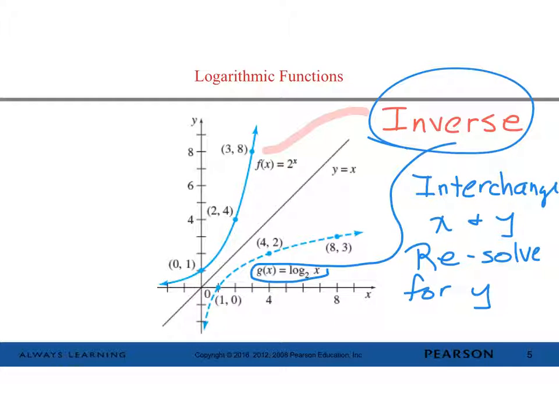And in this particular case, the inverse is actually a reflection of one function for the other over the line y equals x. If you folded this graph along this blue line, y equals x, then this curve matches this curve. They are mirror images of one another.